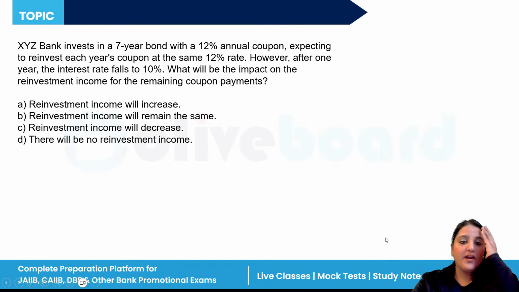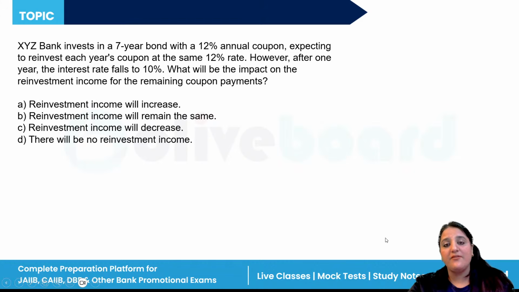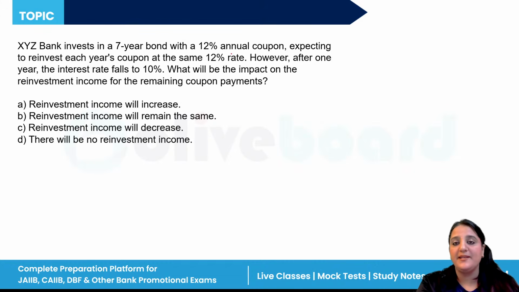Next question. XYZ invests in a 7-year bond with a 12% annual coupon, expecting to reinvest each year's coupon at the same 12% rate. However, after 1 year, the interest rate falls to 10%. So what will be the impact on reinvestment income for the remaining coupon payments?